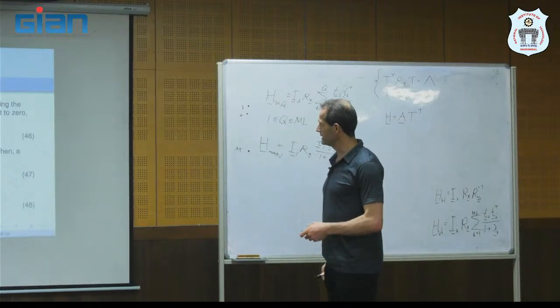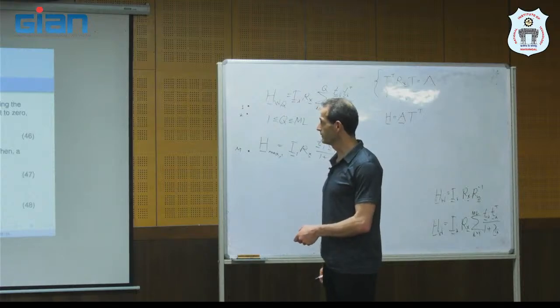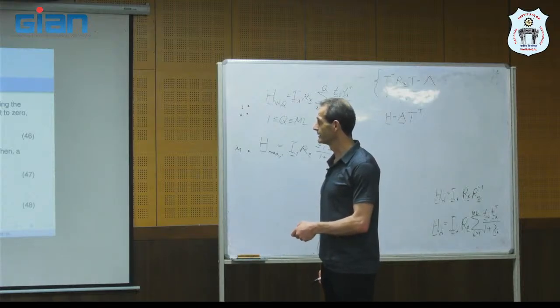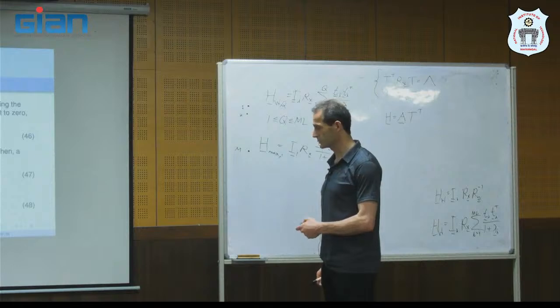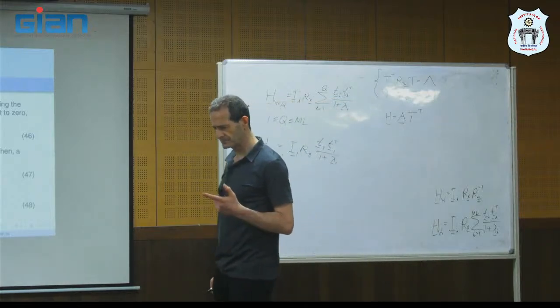So for the MVDR, we need to find the optimal A such that we get maximum noise reduction without any distortion. How do we do that?